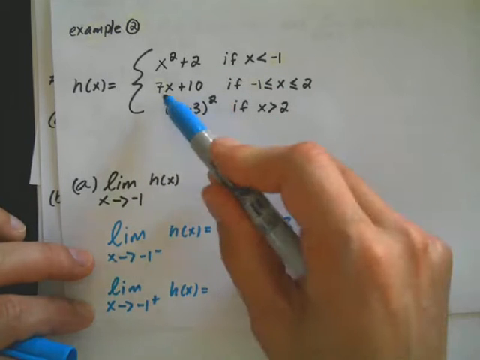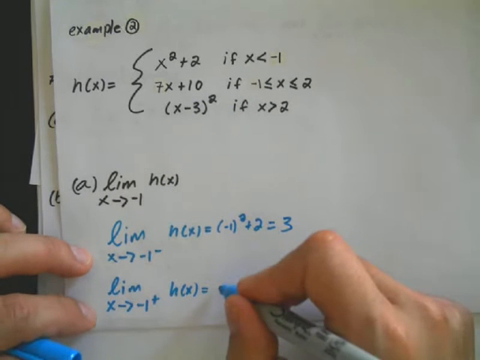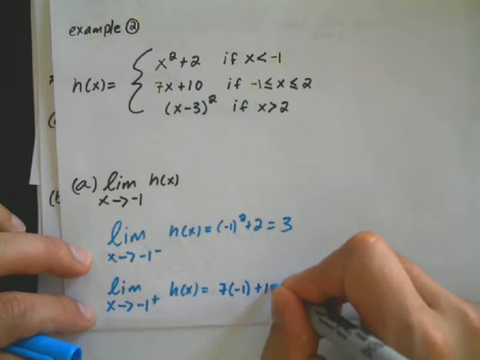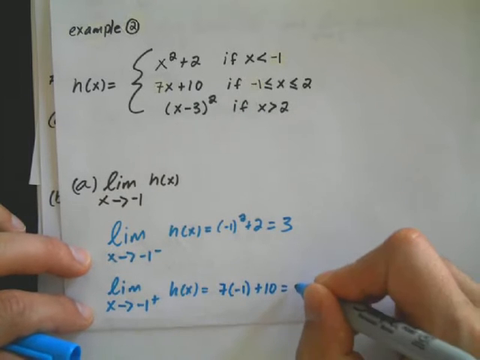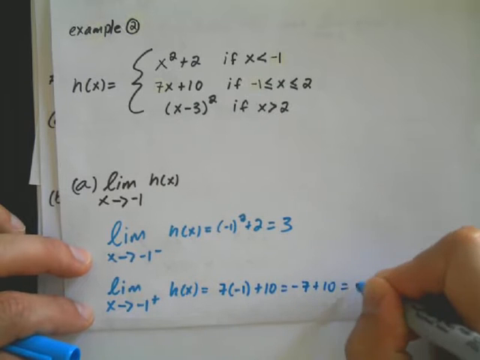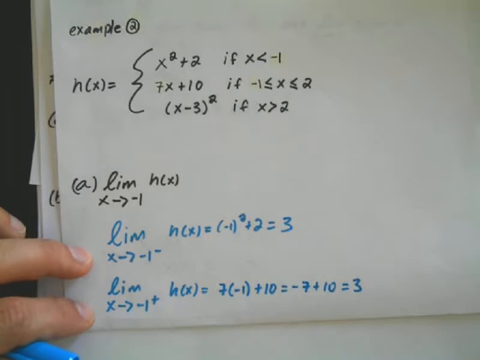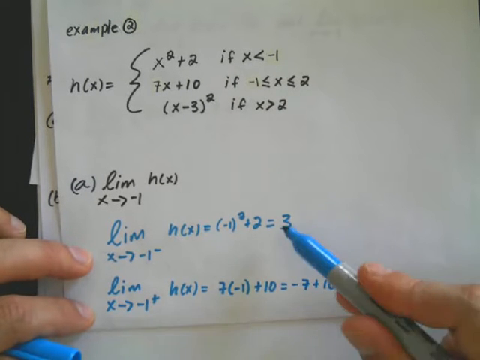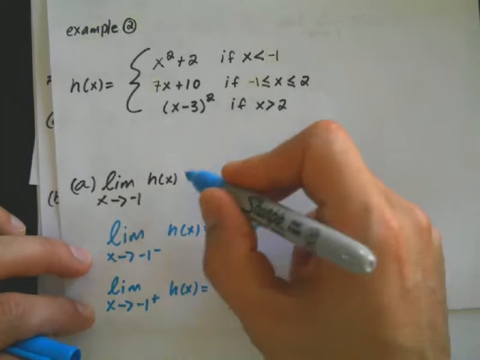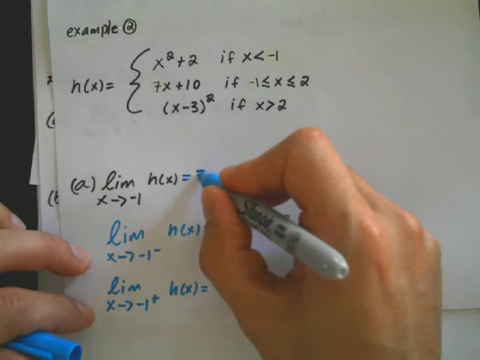So it's going to be plugging it into the middle. It's going to be 7 times -1 plus 10, which gives me -7 plus 10, which gives me 3 as well. So these two meet up at the exact same point, so they both equal 3. So I can say that my limit is equal to 3.